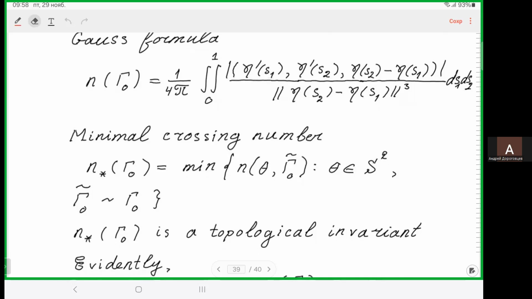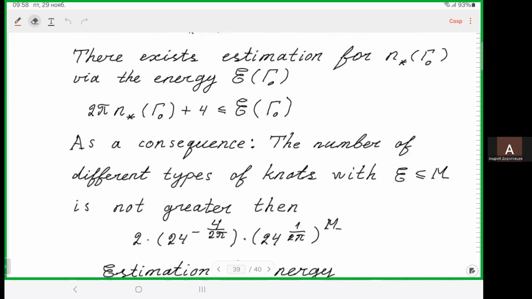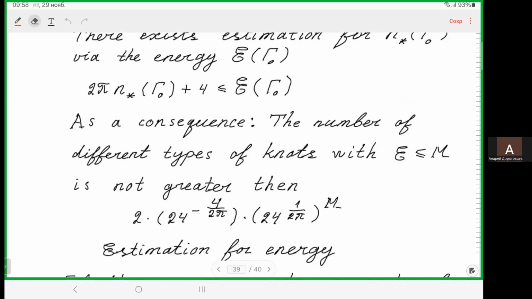It occurs that this minimal crossing number is a topological invariant, and there exists an estimation which connects the Möbius energy with the minimal crossing number. As a consequence, the number of different types of knots where energy is bounded is not greater than such an interesting value.